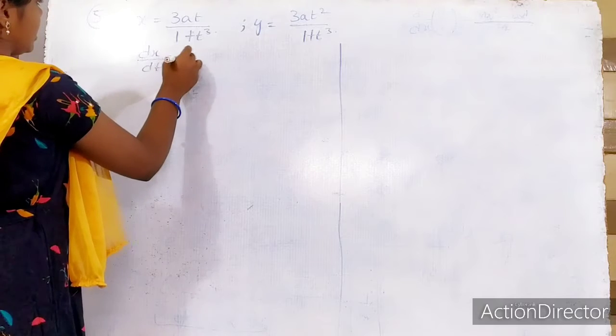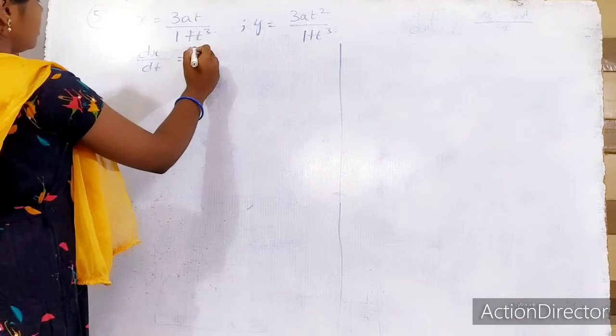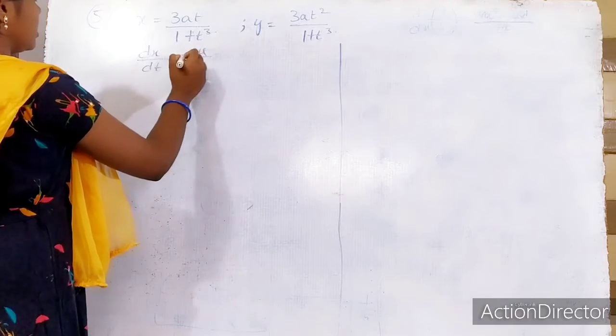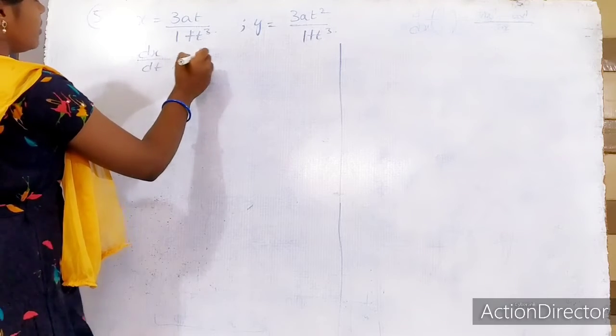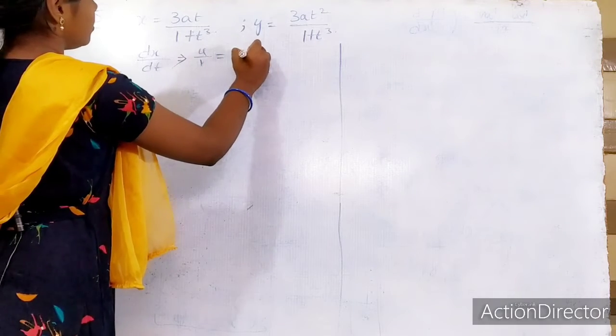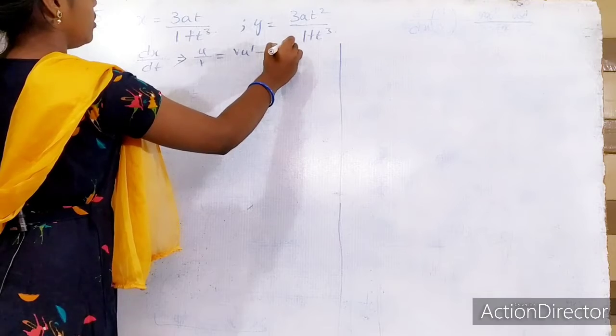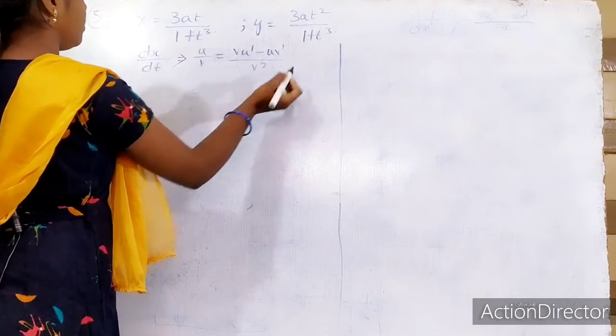With respect to t, dx by dt is of the form u by v. So the derivative of u by v is (v u dash minus u v dash) divided by v square.